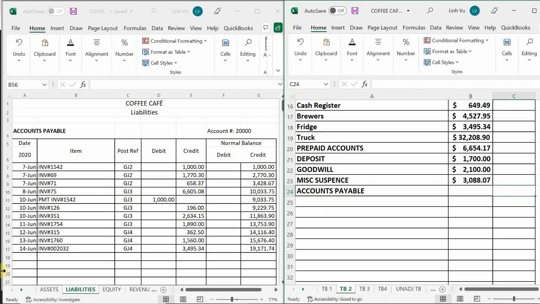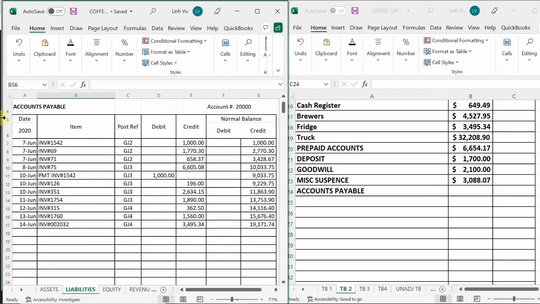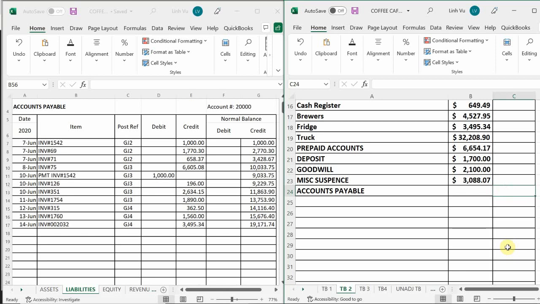How much right now do I owe in grand total for my accounts payable? 19,171.70.